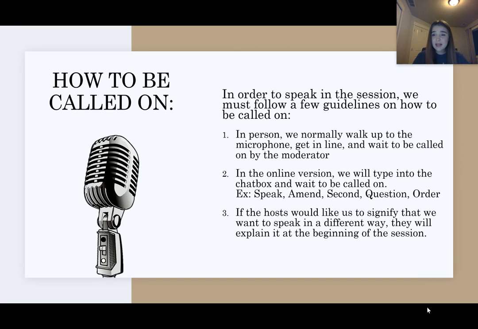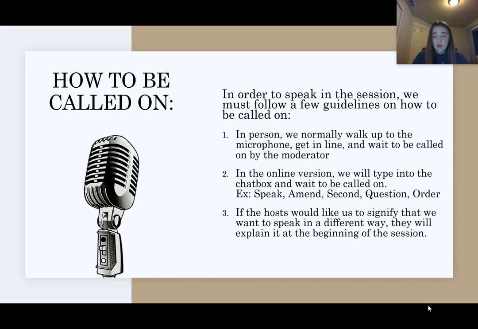So it's the same idea, but it's just now being practiced in an online setting since we need to be remote this year. For our online version over the summer, what they had us do is we would type in a specific word, a single word, into the chat box and then wait for the moderator to call on us. It sounds like we're going to be using that again this year.